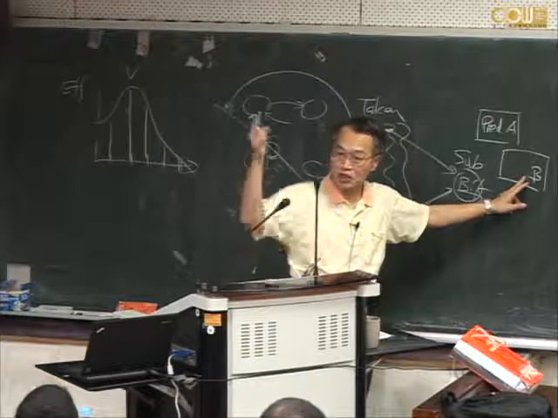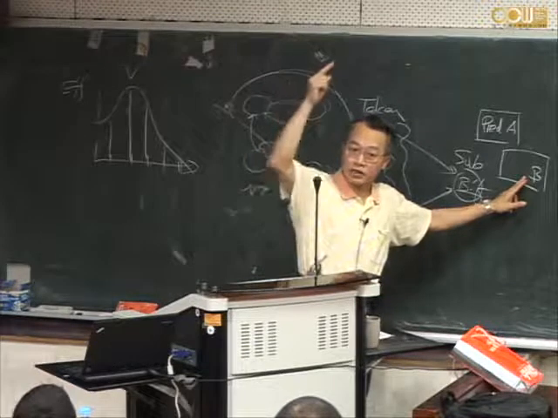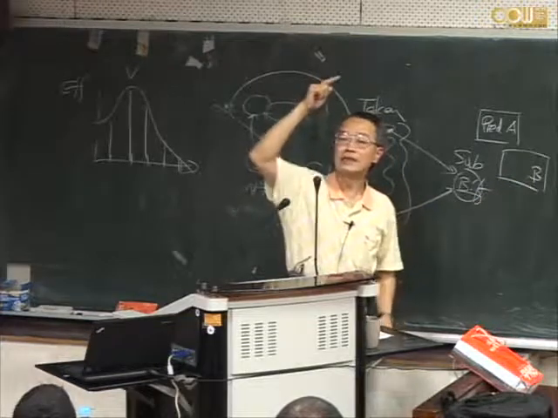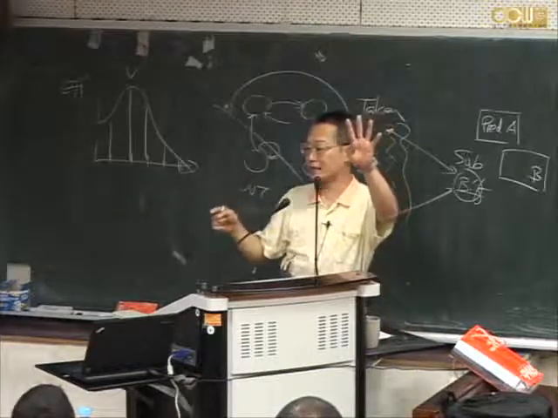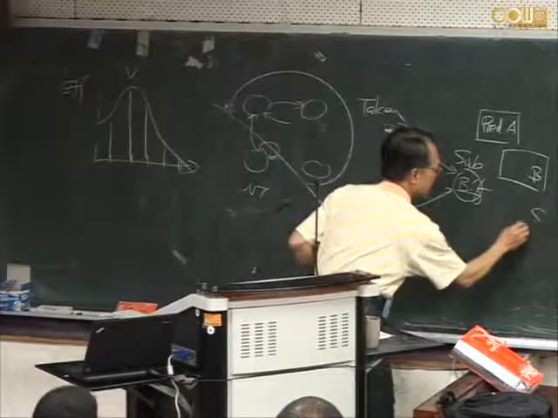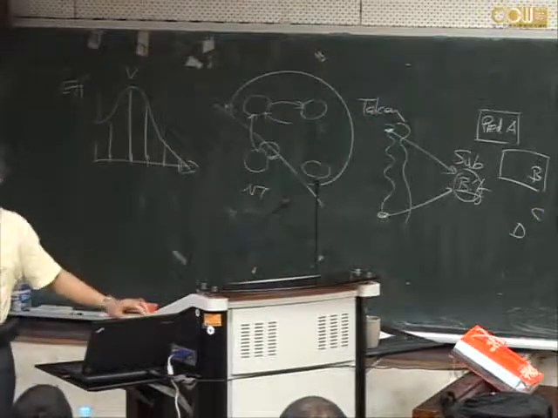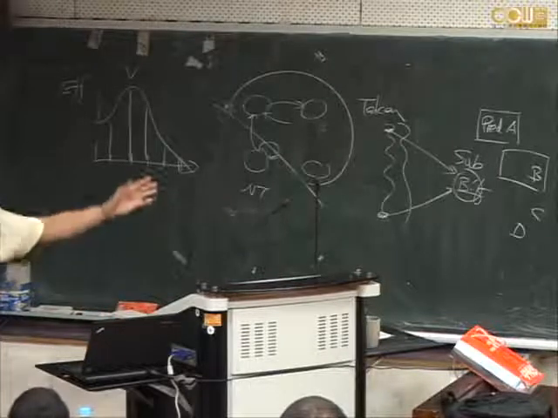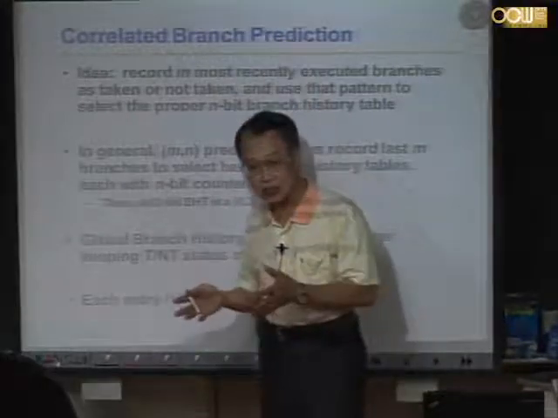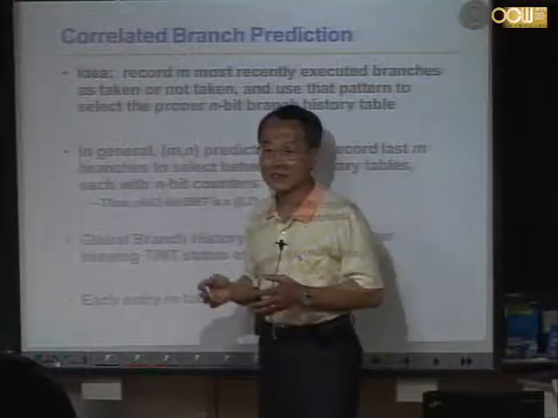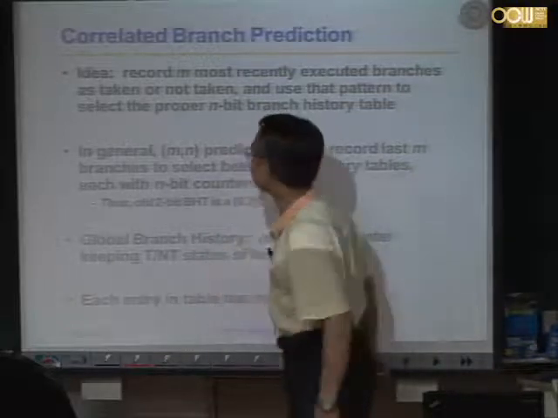If you look at 2 branches back, the previous and the one before, then it could be not taken, not taken; not taken, taken; taken, not taken; taken, taken. 4 cases. Then maybe you use 4 predictors to choose from. So depending on how you got here, I use the correlated branch predictor for you. Correlation means the relationship.